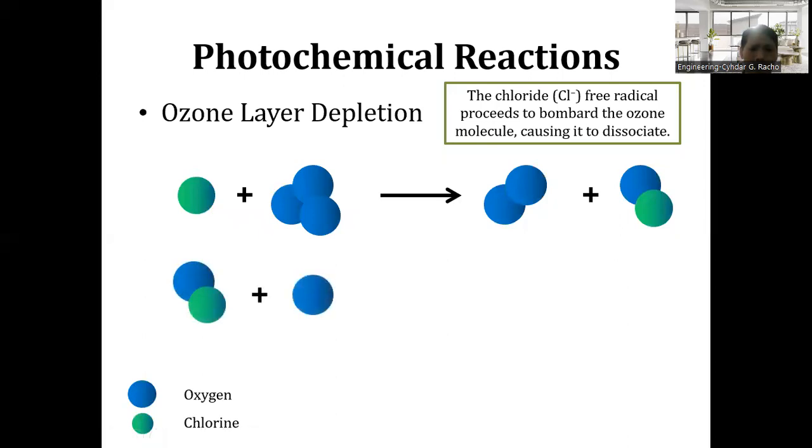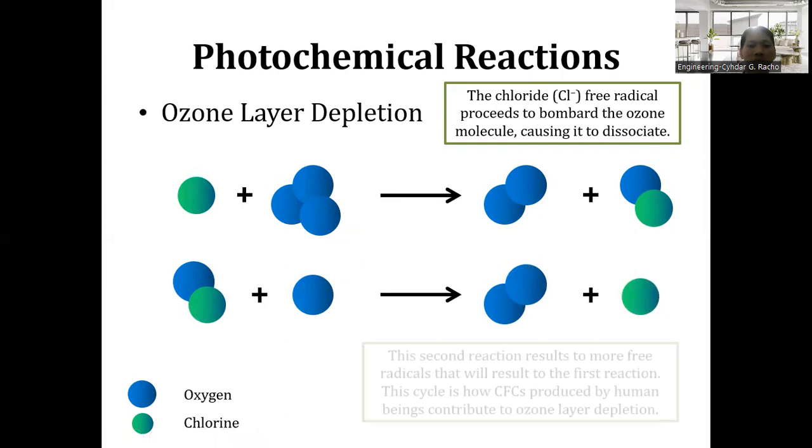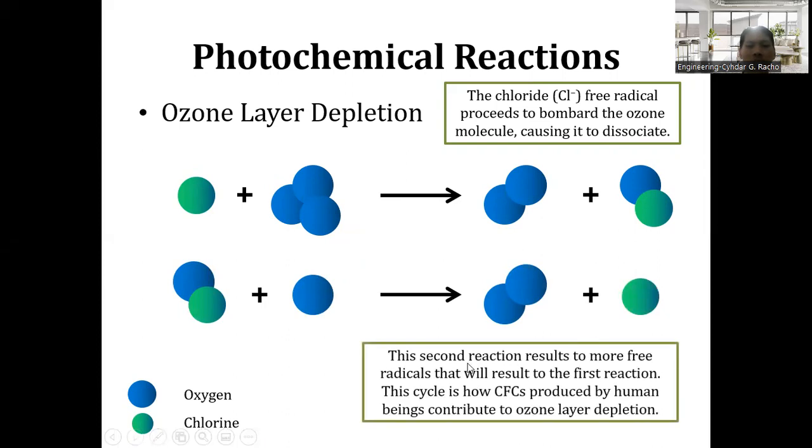So this process is a continuing process. Your chlorine and oxygen molecule here can again interact with a free molecule, wherein the chlorine again is being freed. So this second reaction results in more free radicals that will result in the first reaction.